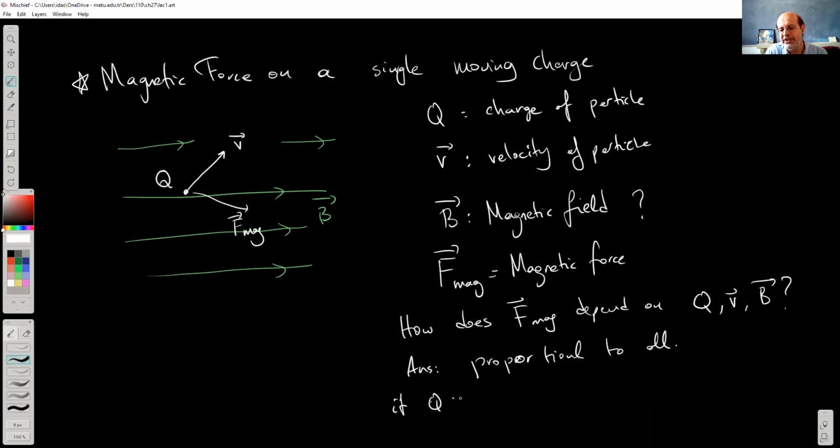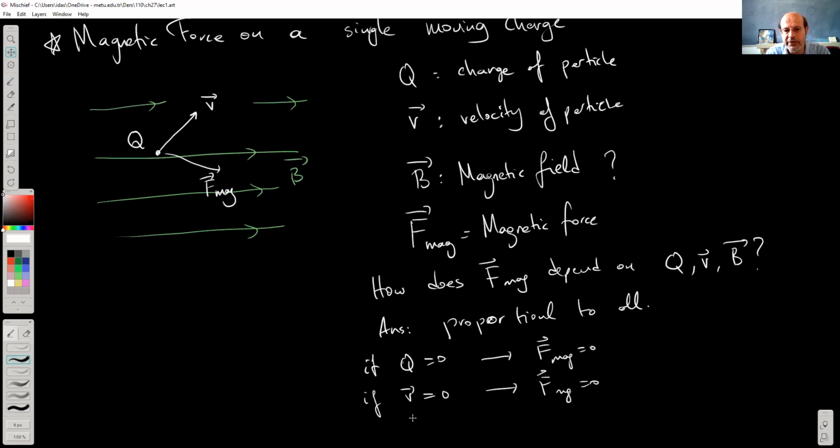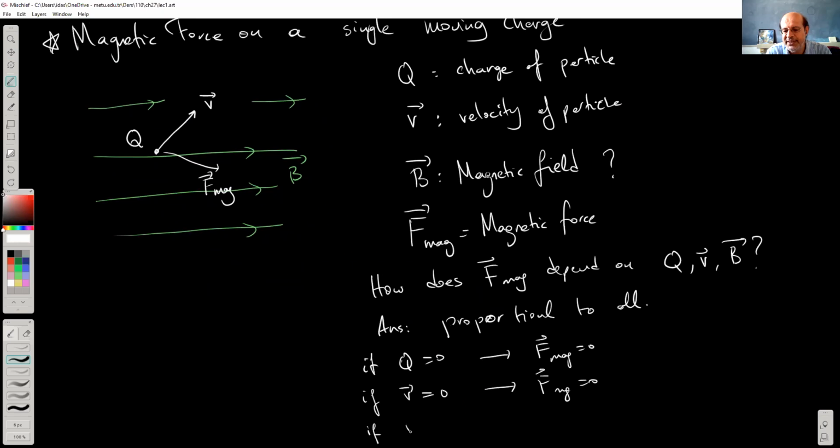If the charge is zero, then the magnetic force is zero. Charge is the coupling constant. If there's a neutral particle, there won't be any force. We have said that the magnetic force is between two moving charges, so if the velocity is zero, then the magnetic force is zero. And if there's no magnetic field, the force would be zero too.